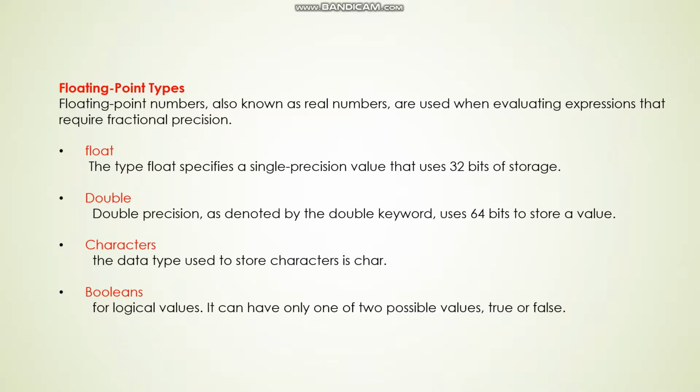Now the variables of type float are used when you need a fractional component but do not require a large degree of precision. For example, it can be useful when representing dollars or cents. And double precision, as denoted by the double keyword, uses 64 bits of storage.